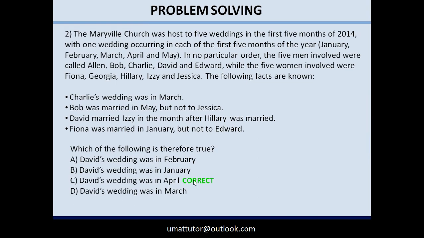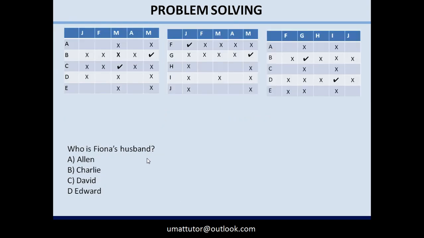So at this point you'd probably be given a few more questions based off the question which was given to you initially. So if this is a follow-up question, who is Fiona's husband, you can then sort of use the tables you'd drawn up before to answer that. So who is Fiona's husband? Well, we can see from this table that it's either Alan or Charlie.